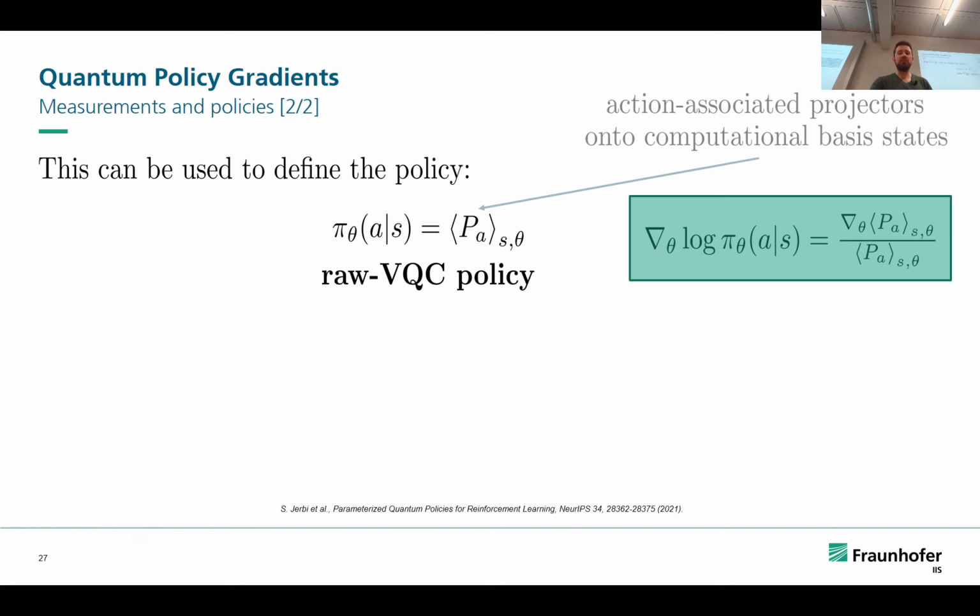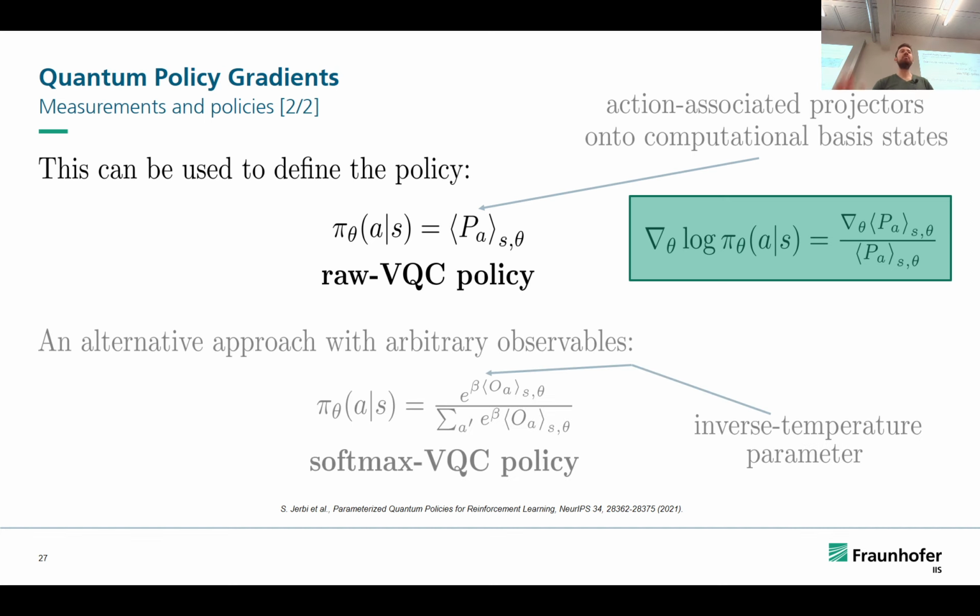There are also some more complex gradient formulations where you use arbitrary observables. But here the downside is that you need to do some renormalization. This is just another softmax function, so it's also called softmax policy.